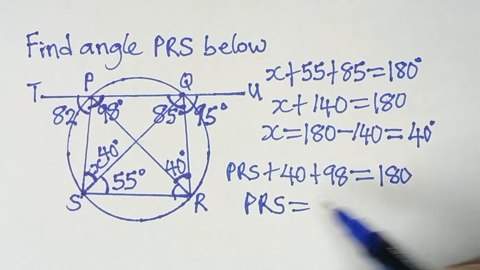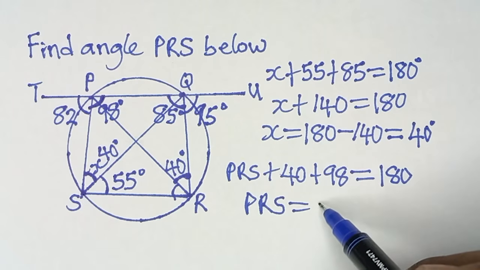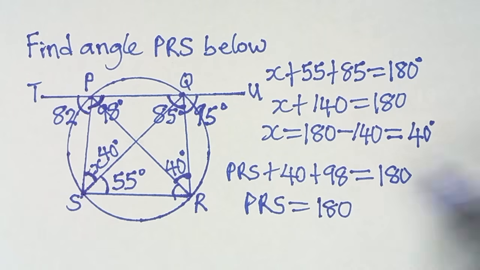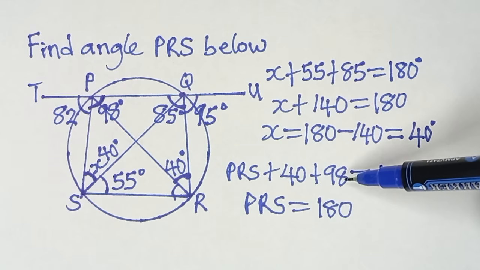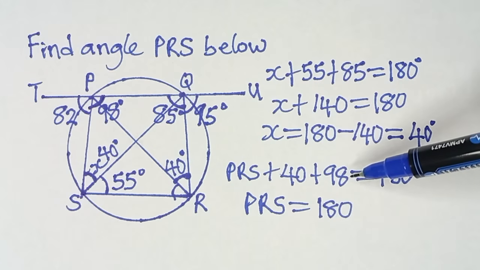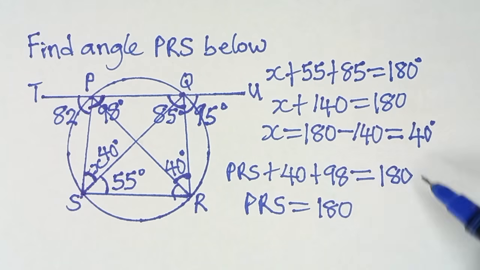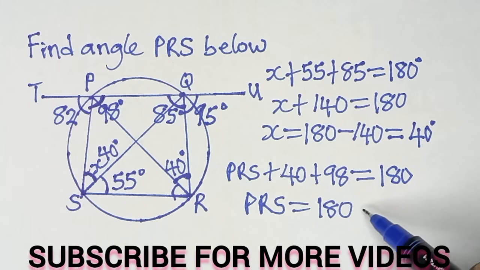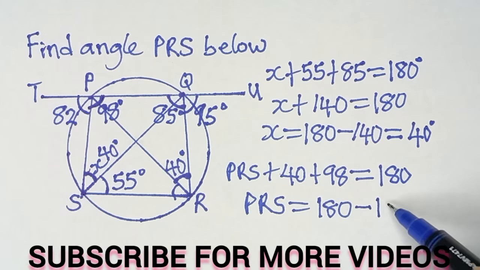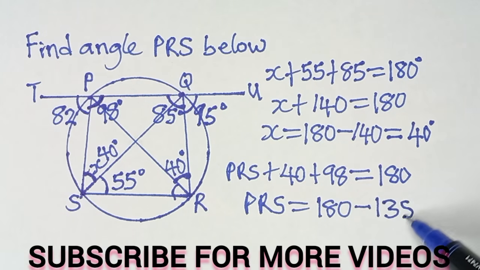So PRS will be equal to 180 that is already on this side. 40 plus 98 is going to give us 138. So when this plus 138 comes to this side, it becomes minus 138. Hope you got it.